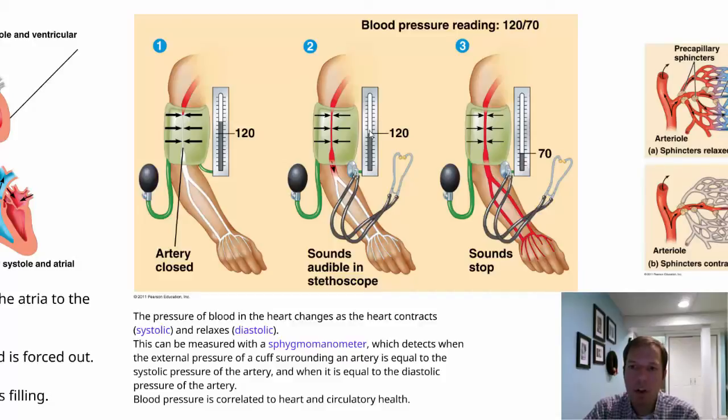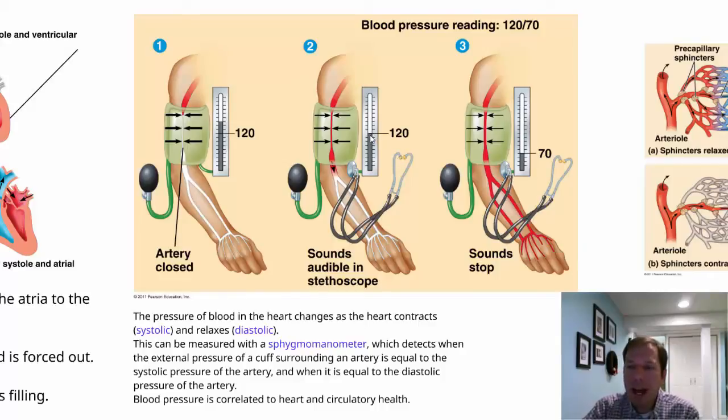As the pressure drops when air is released from the cuff, that's going to allow the flow of blood back through that artery. As the technician is listening to the sounds in that artery, the flow of blood is going to be registered in the stethoscope as a particular set of sounds.